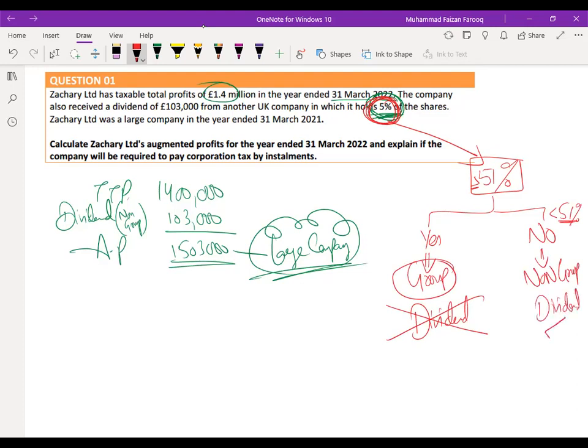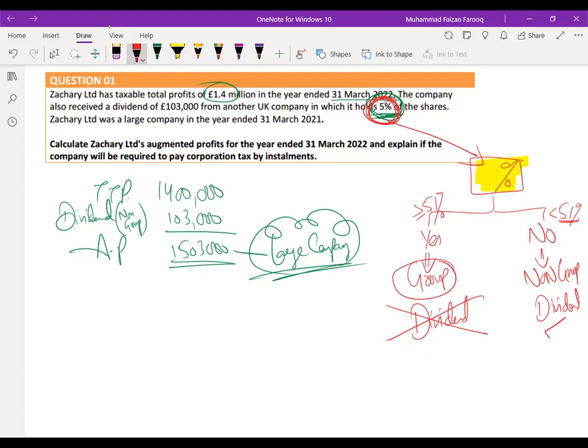Okay, the percentage here is not like the group relief percent. Here the percentage is the standard percent. In order to take the dividend for AP, AP meaning augmented profit, the relevant percentage is 51%.